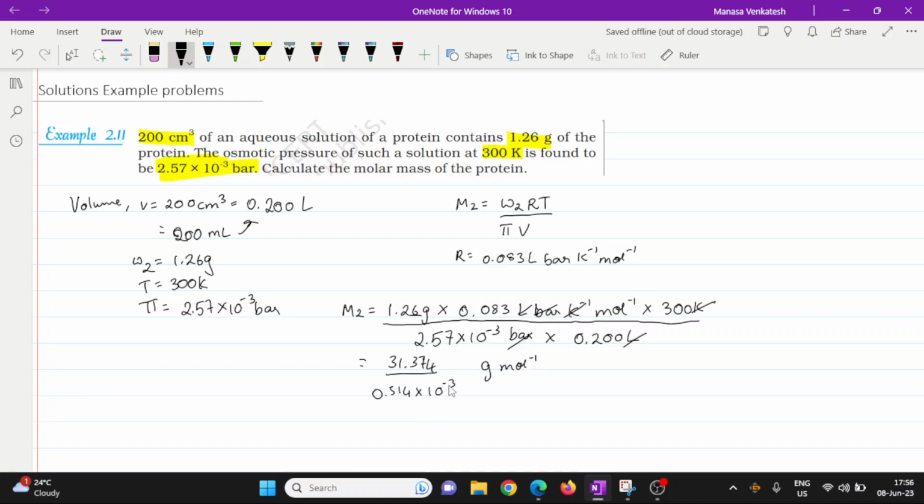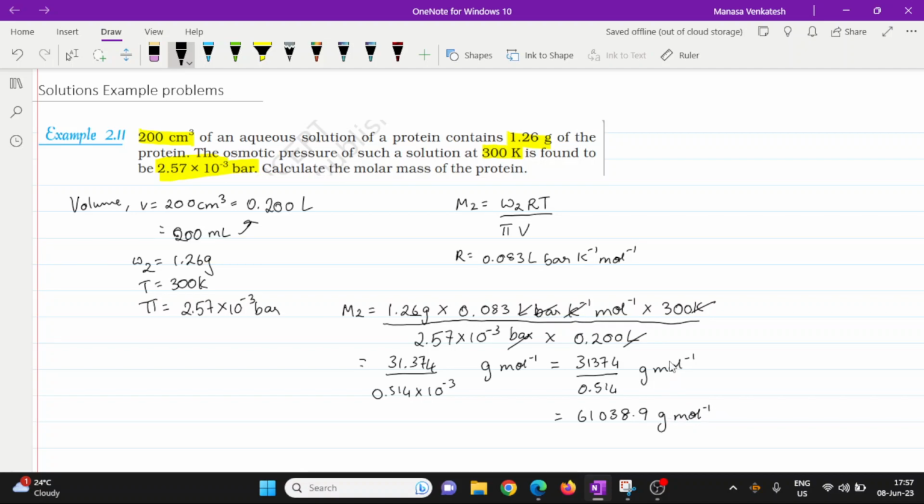Now we bring this to the numerator, so we get 31,374 divided by 0.514 grams per mole. And this is going to give us the value of 61038.9 grams per mole.